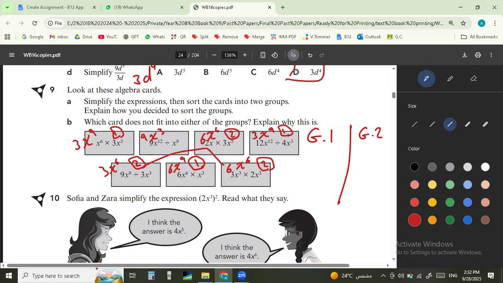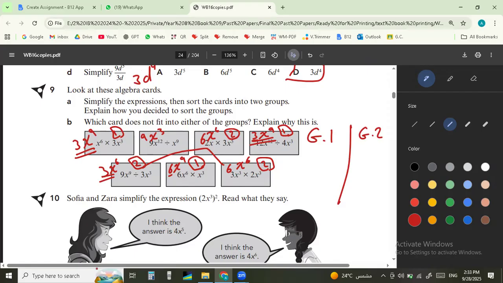Which one does not fit in any group? This card. Why? Because it's to the power of 3. It's neither to the power of 9 nor to the power of 6. Other students might choose to depend on the coefficient. I'm going to put this with this and also with this, because they have coefficient of 3.